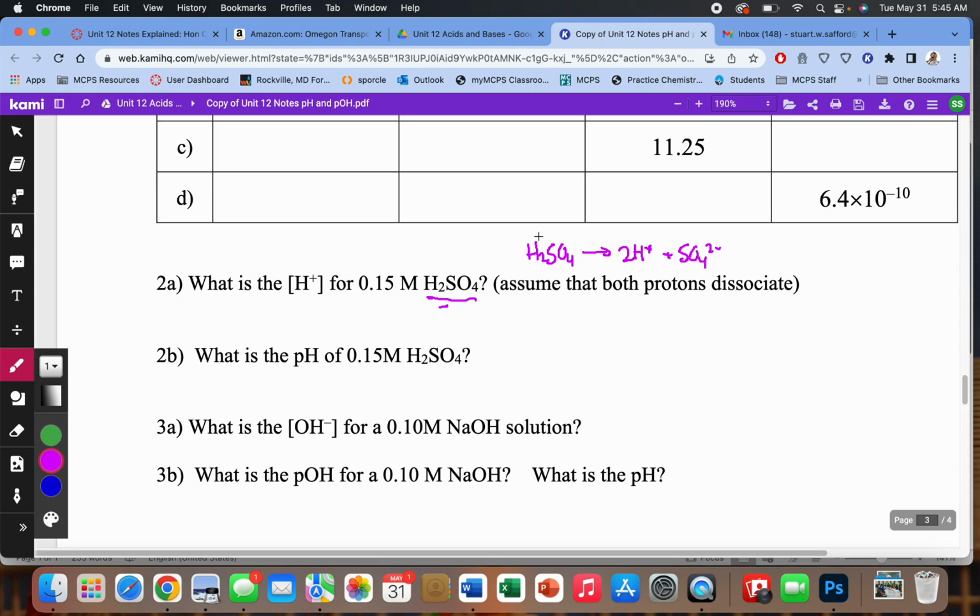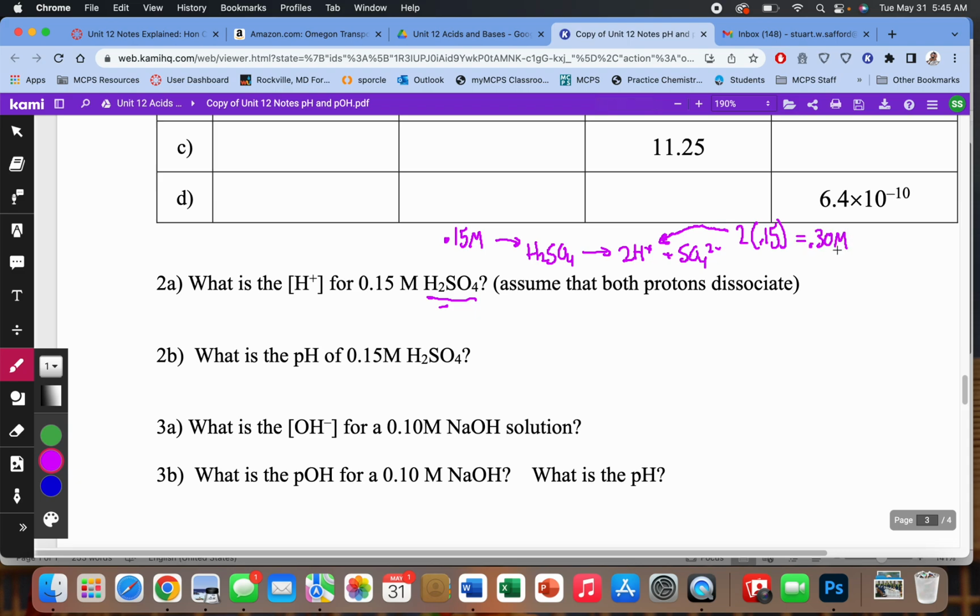Well, if that's true, and you know that this concentration is 0.15 molar, then this concentration will end up being 2 times 0.15. It'll be twice as big because there are two H+ for every H2SO4, so that would be 0.3 molar.